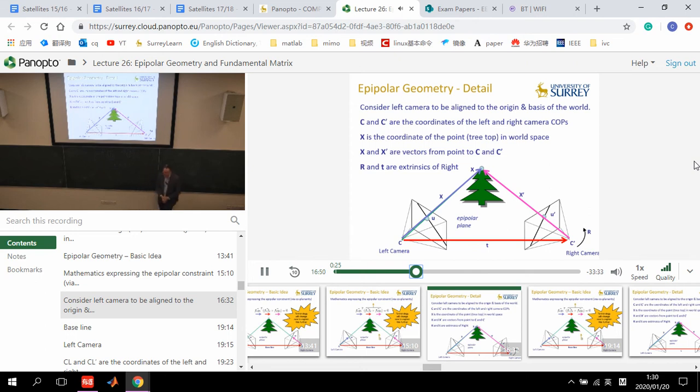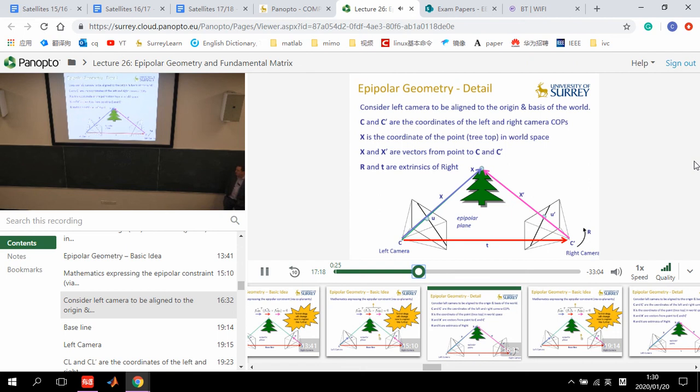We're not actually talking about the relative positions of the cameras to the origin of the world anymore, as we were in the previous lecture when we did the 3D reconstruction and the triangulation. So we're going to assume that the left-hand camera is positioned at the origin of the world, so its center of projection is at 0, 0, 0, and its optical axis is going to be aligned to the z-axis.